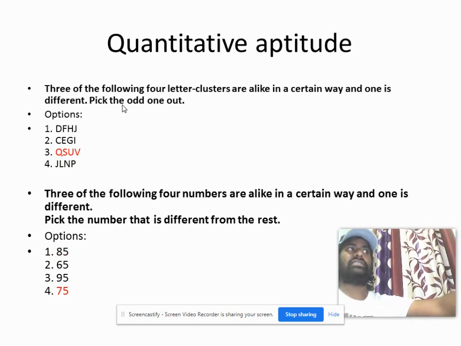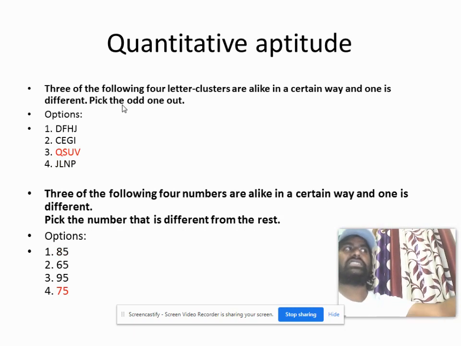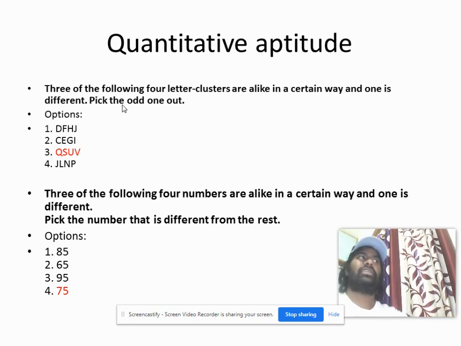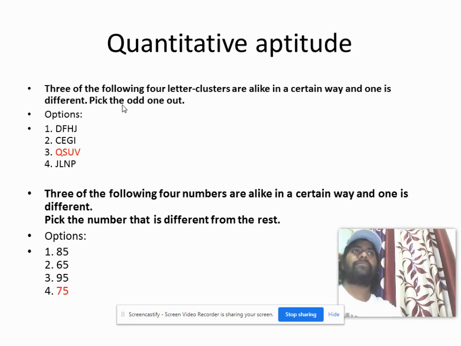You can see D E H J, C G C E G I, Q S U V, J L N P. In all the series there is a one letter difference, D E F G H I J, C D E F G H I, Q P Q R S T U V. Here the one letter difference is missing. QSUV is the right answer.